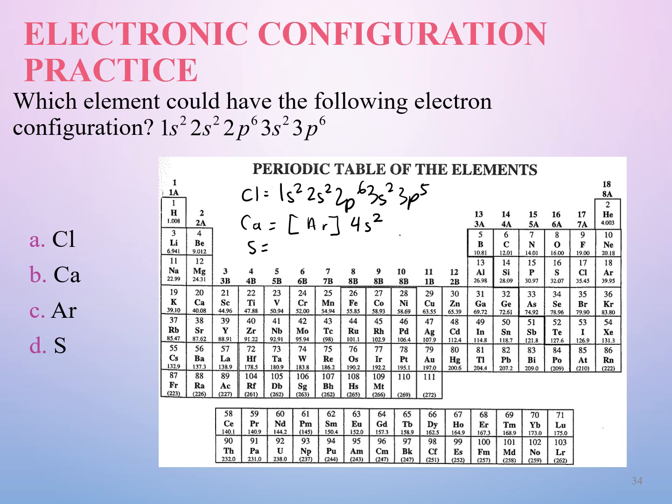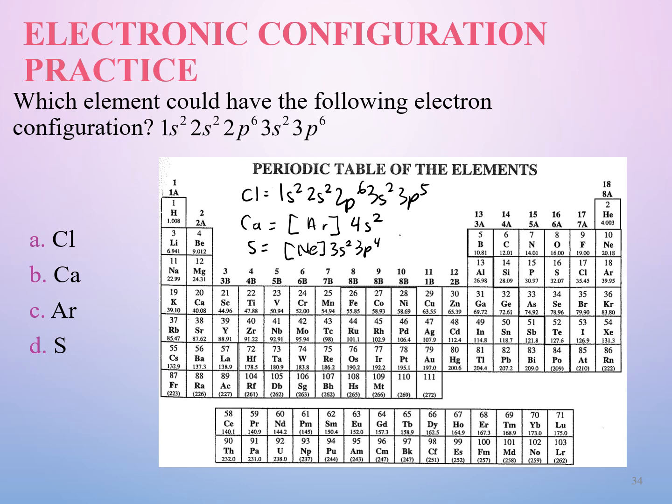Another way to write a short form is instead of writing all the way up to neon, which is 1s2, 2s2, 2p6, right? See, this here is neon. So if I wanted to write something for sulfur, which is after neon, you can say, well, how about I just write neon, everybody that was in neon, and then plus 3s2 and 3p4.